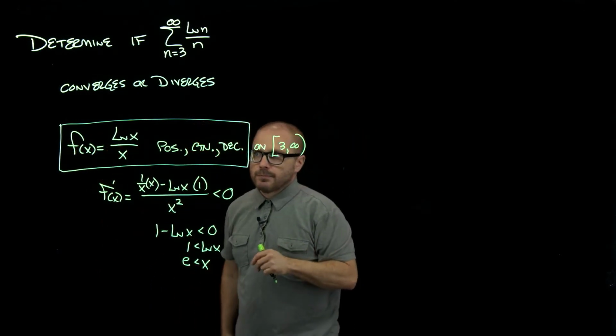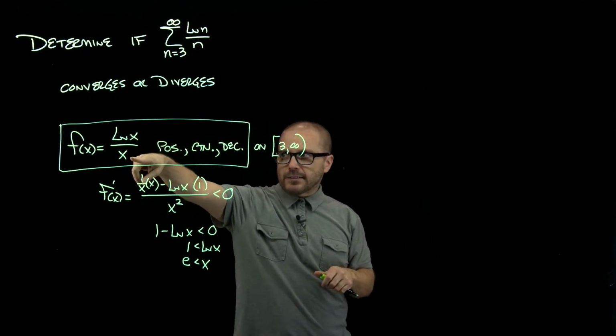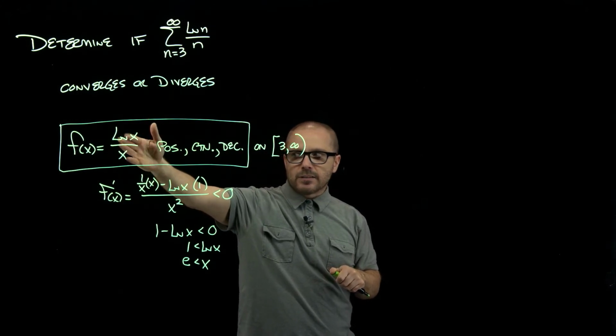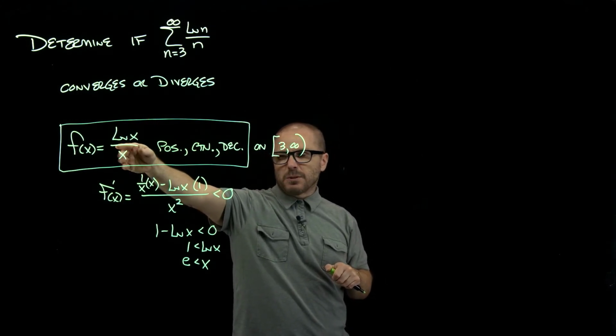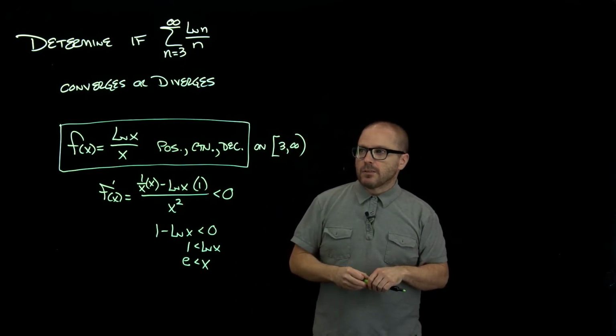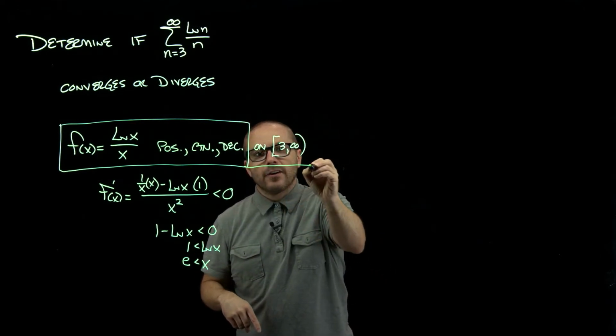Those things are true. Other places, this is not true. When x is negative, it isn't defined, and when x is between 0 and 1, that thing's negative. So we've got to be careful and be specific. Add that on there to what I want to see.